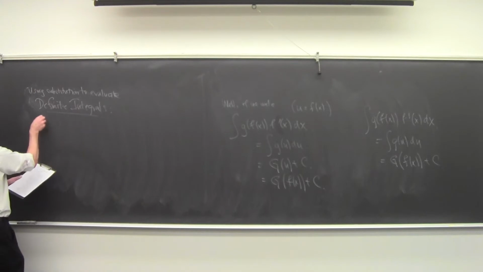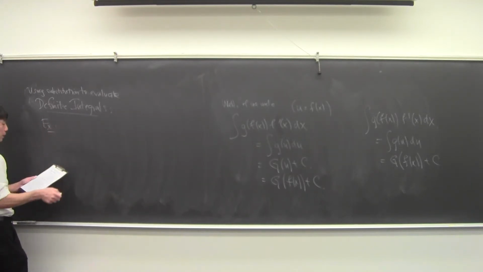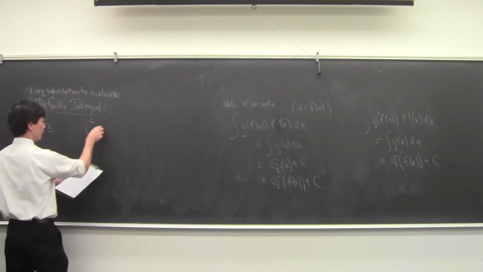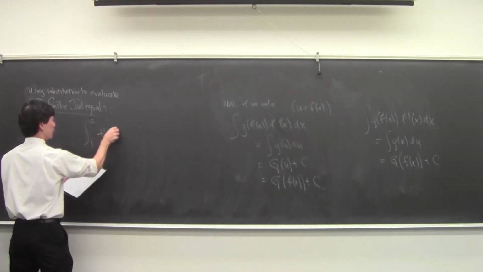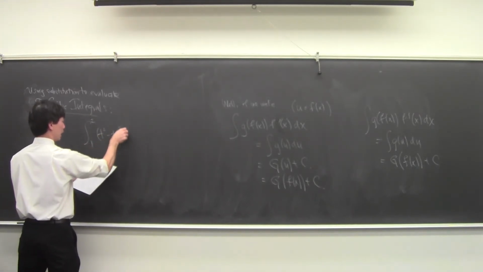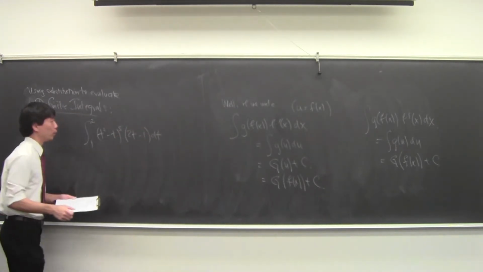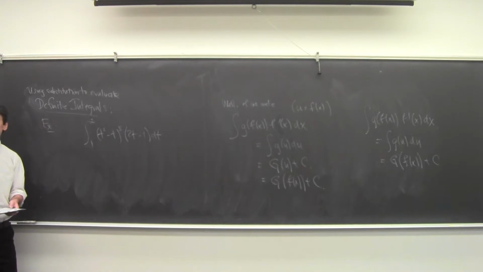So again, let me start off with an example. Okay, so somebody asked you to integrate t squared minus t to the fifth times 2t minus 1 dt between 1 and 2, from points 1 to 2.